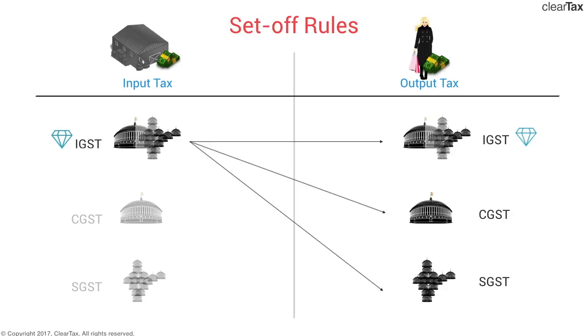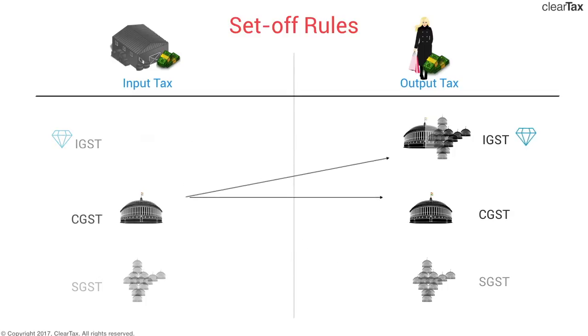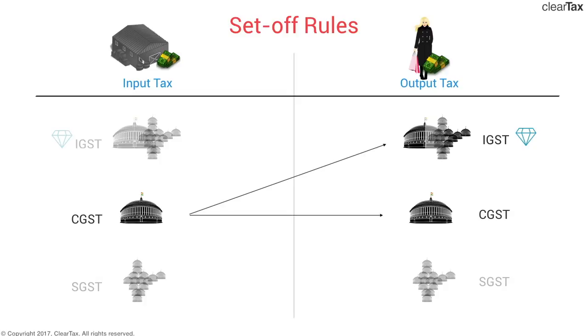You can reduce your input tax IGST against all 3. But if you have CGST, you can use it to knock off IGST and CGST. So IGST works both ways. You can knock off any of the taxes against it, and it can be knocked off against any other tax, vice versa possible as well.